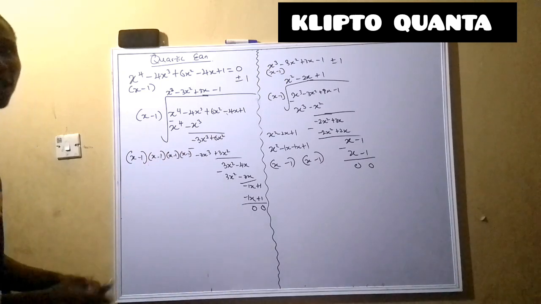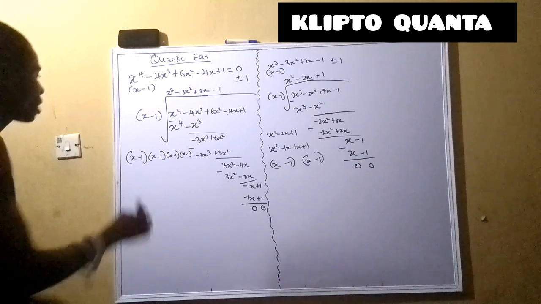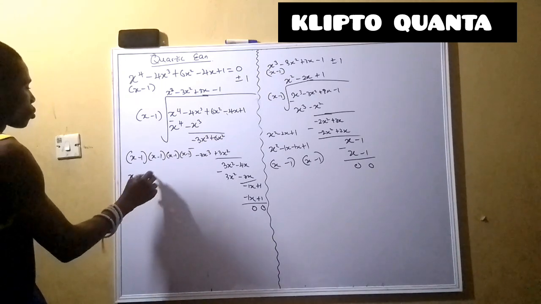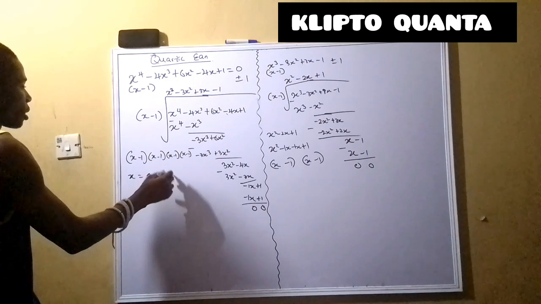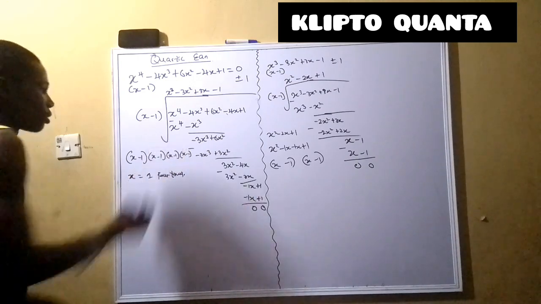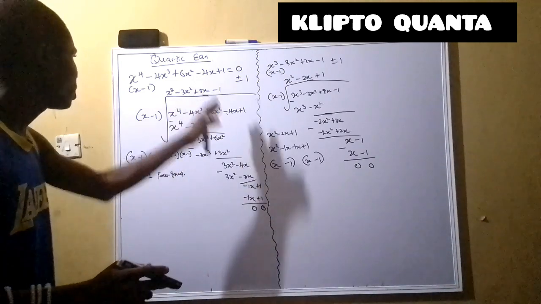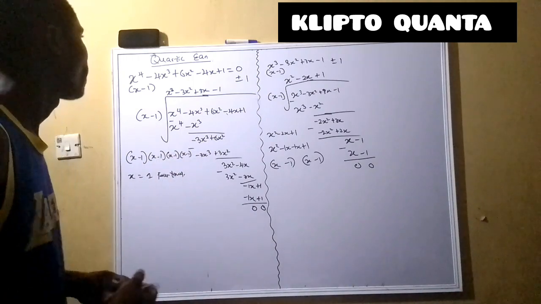So if it is a normal equation, that means our answer for x is going to be equal to what? 1. That's 1, 4 times. So that is just the answer. So using this normal method, you get this answer.